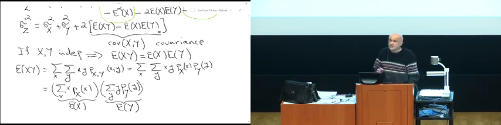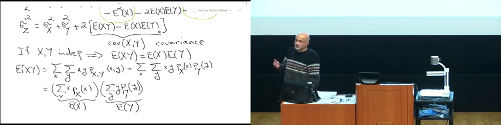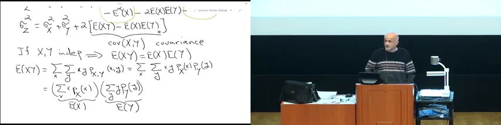Okay? This is a sufficient condition for the covariance to be zero. It turns out that you don't need a relationship between two random variables as strict as independence for this to be true. There are random variables for which the covariance is zero, even though they are dependent.